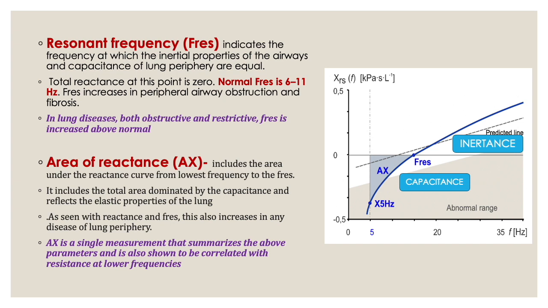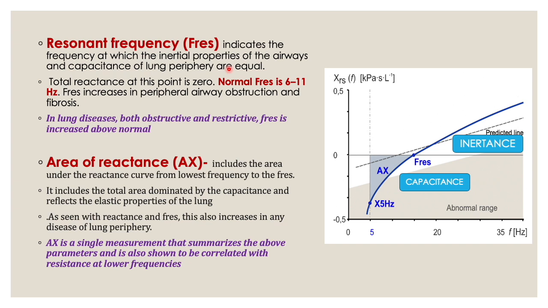And the inertance and capacitance of the airway may not be equal, because the periphery may exhibit another level of resistance and the central airways may exhibit another level of resistance. So when both of them equalize, the total reactance becomes 0, and this is called the resonant frequency. This is a very important terminology, and it will become clearer as I give examples.